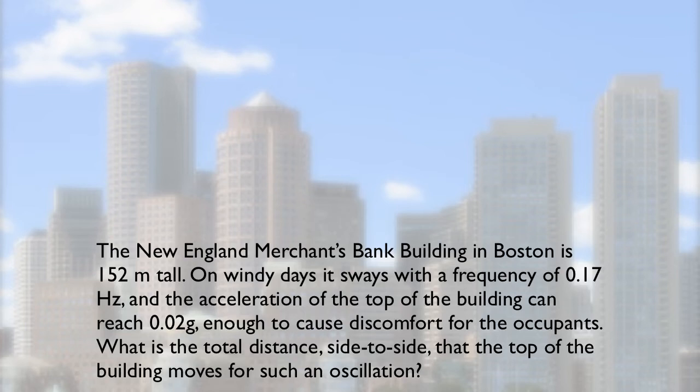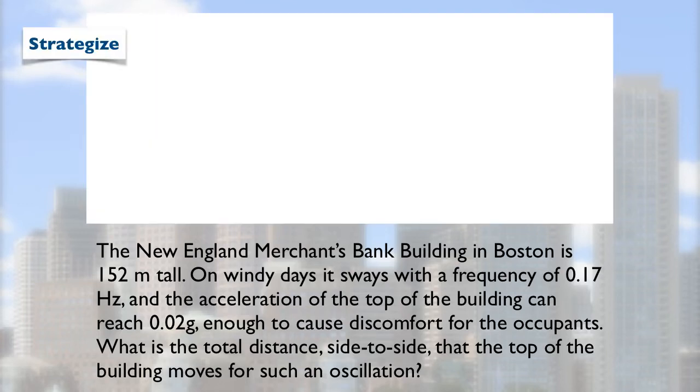It turns out buildings are flexible. If you push a building to the side, like by the wind blowing on it, there's a restoring force that wants to push it back to where it came from. It works like a mass on a spring. And so we can analyze the swaying of a building by using simple harmonic motion.